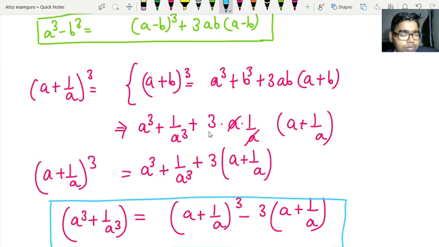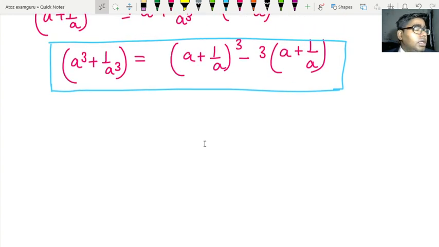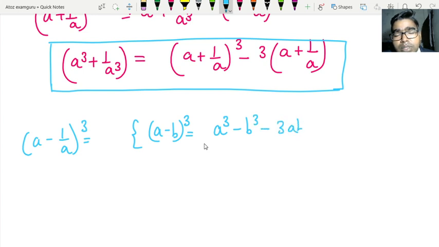And now let's see another formula which is very similar to this, and that is a minus 1 upon a whole cube. Then this will also follow the pattern of a minus b whole cube simply, and this will become a cube minus b cube minus 3ab in bracket a minus b.